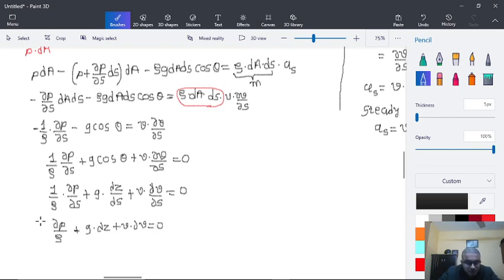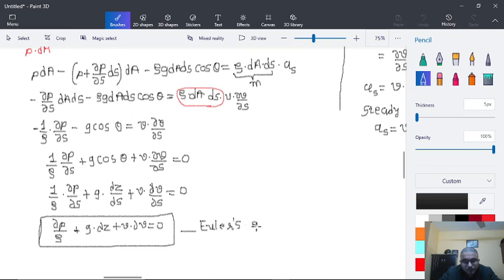So this is Euler's equation of motion. So let's copy this into our main slide.